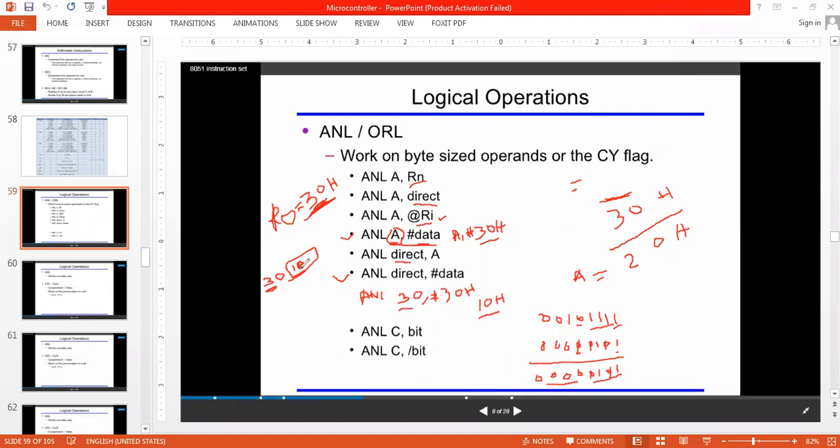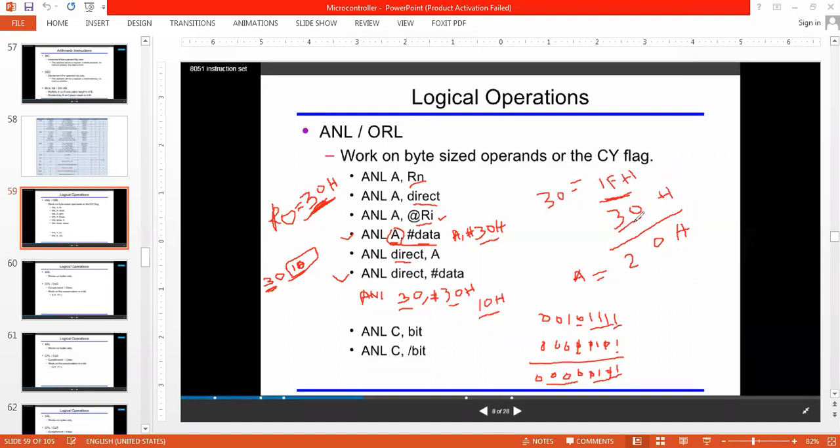What was present in the 30H? It was 1FH, which was stored into the 30H memory location, and this is the immediate data. 30H is being directly provided by the user.